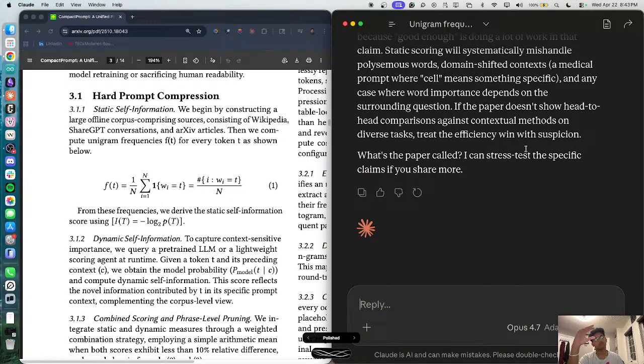What exactly is the difference between static self-information compared to dynamic self-information, because both of them serve the same function, which is to basically score how informative a specific token is compared to a corpus of text for an AI model, right? But what exactly would be the difference between static and dynamic? From a glance, I would think it would have to do with context, right? Static will not change the importance of a token based off of the position it lives in and the surrounding context of it, but rather it's just fixed scores.